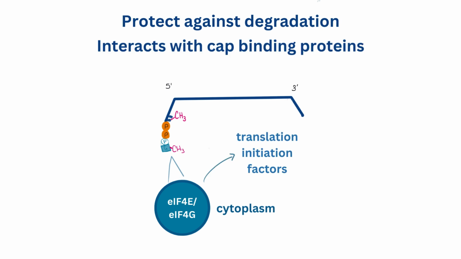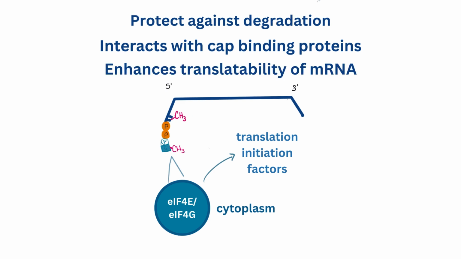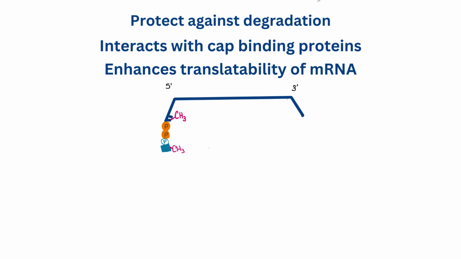The latter enhances translatability by attracting translation initiation factors and facilitating the beginning of translation. It's also required for mRNA export out of the nucleus and promotes splicing of the 5' most intron. So basically, capping increases the likelihood of translation initiation and it protects against degradation.